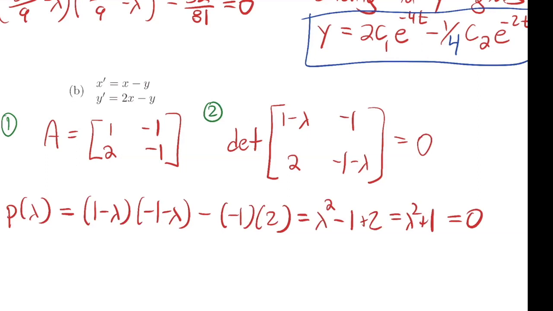Any questions so far? Then this gives us eigenvalues of plus or minus i. So we have complex eigenvalues here.